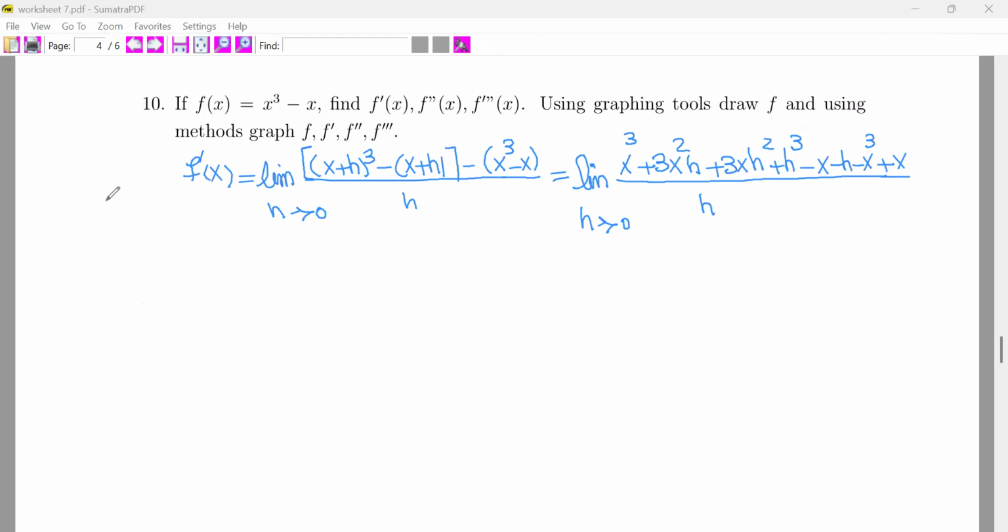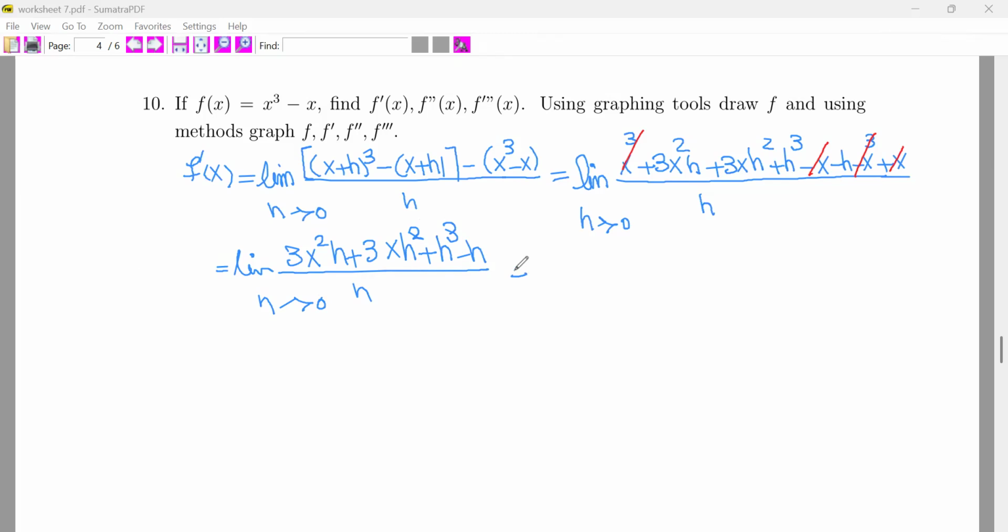And we would see that we can cancel x cubed, both of them. We can cancel x, and we are left with limit of 3x squared h plus 3x h squared plus h cubed minus h over h when h is approaching 0.